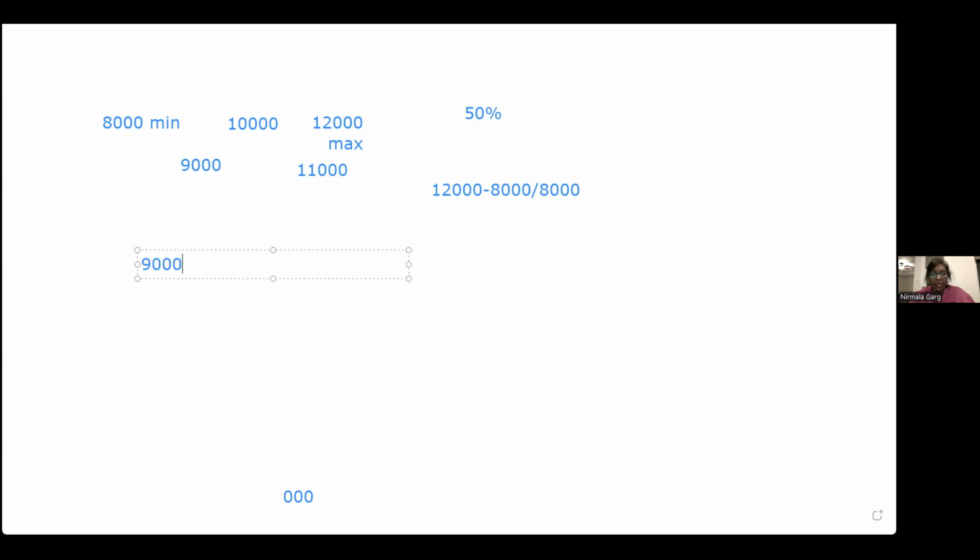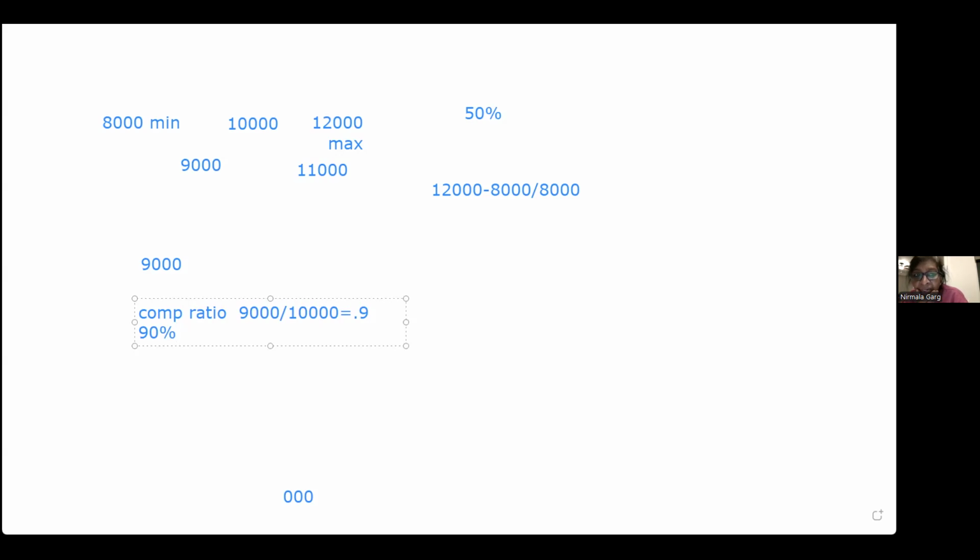So when I'm talking about a comp ratio, the comp ratio is 9,000 divided by the midpoint of 10,000, equal to 0.9, or 90%.